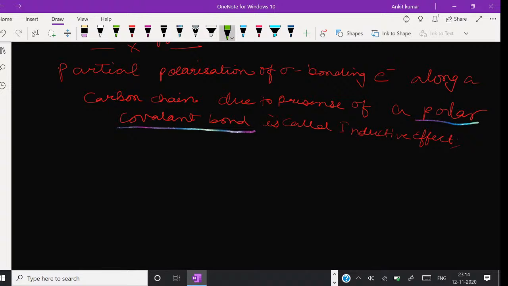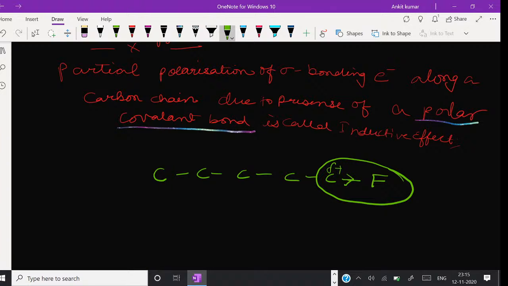Polar covalent bond means, suppose this is my carbon chain. Now this C-F bond will be a polar covalent bond. Why? Because it will pull electron towards it. So carbon will gain delta positive charge, and here again delta positive, delta positive.